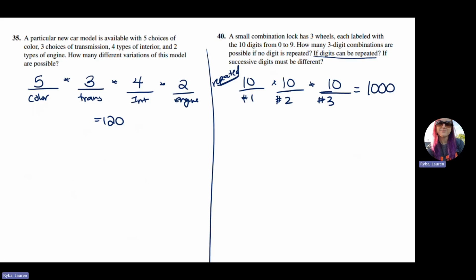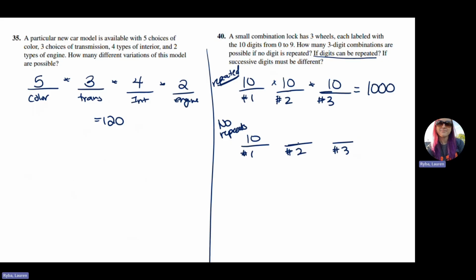It says, how many 3-digit combinations are possible if no digit can be repeated? So no repeats. Number 1, number 2, and number 3. My first digit can be entered in, and I can use any of my 10 digits. However, once that is chosen, I cannot use that number again.